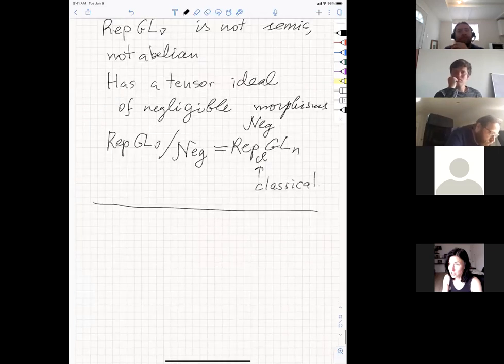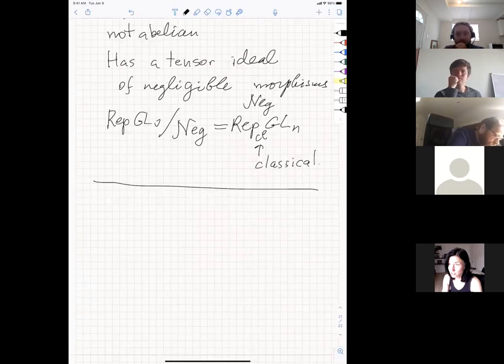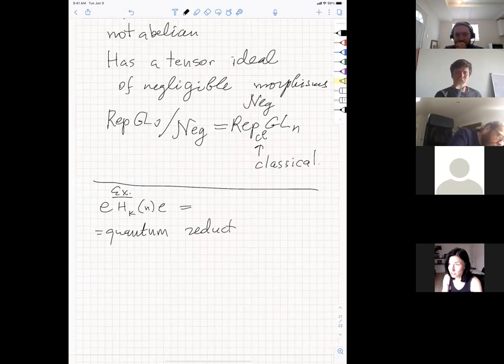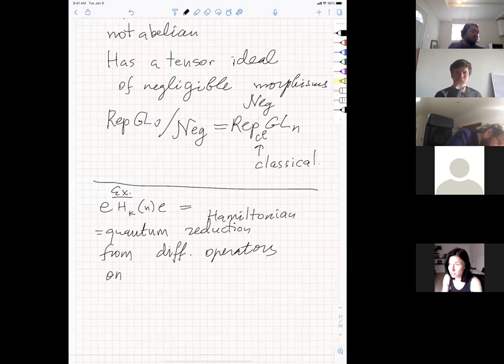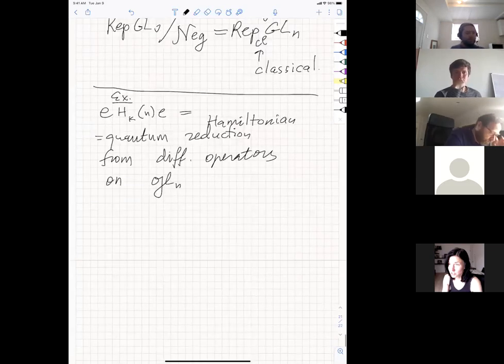And now I want to, in particular, this Cherednik algebra, H_{1,k}(N), can be obtained as a quantum Hamiltonian reduction from differential operators on GL_N.